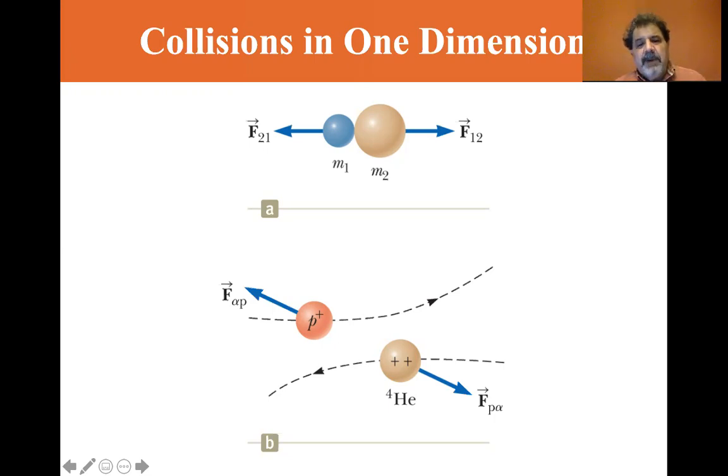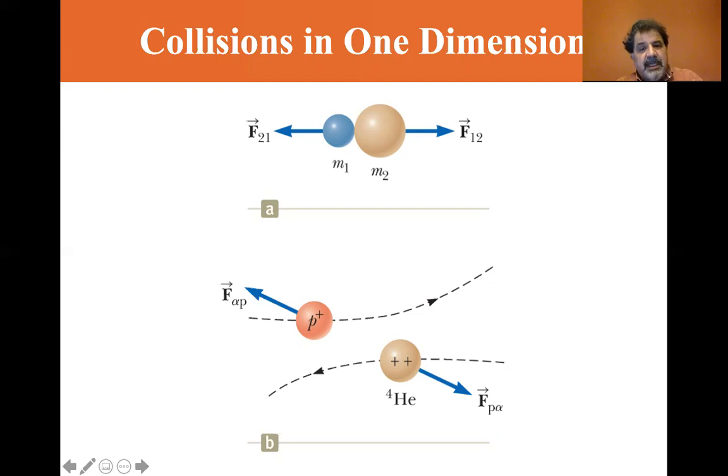In the bottom drawing, we have a proton approaching an alpha particle, which is a helium nucleus, and because of the electric repulsion of like particles, there's a collision.